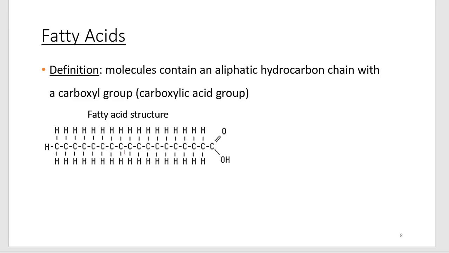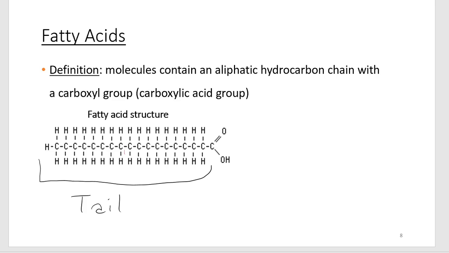The tail part is called the hydrocarbon chain. So this is the tail part. Here you see a long chain of carbon bonded hydrogen. It's called a hydrocarbon chain because it's made of nothing but hydrogen and carbons, and they are all covalently bonded to one another.